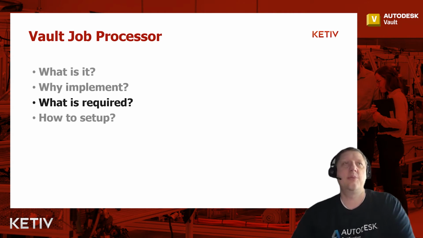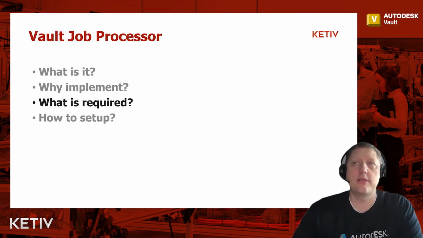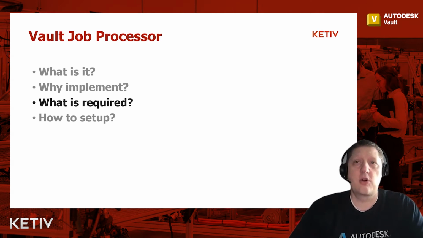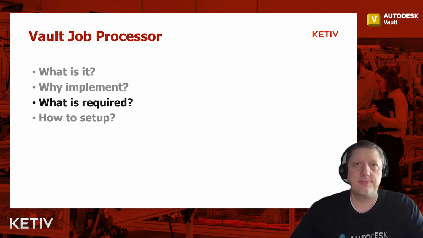So what do you need to implement the job processor in your work environment? You'll need the following: a dedicated machine that meets the software requirements for your version of Vault Professional Client. This machine can be a physical machine that sits in a corner or a virtual machine. Just ensure that this machine can connect to the Vault server.